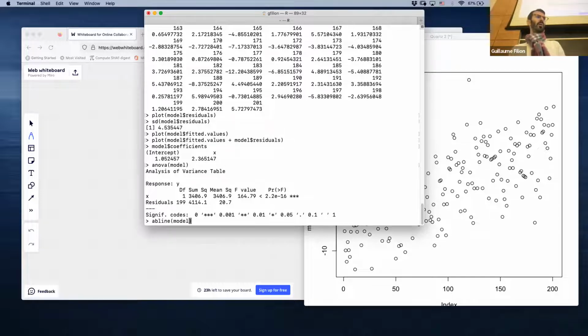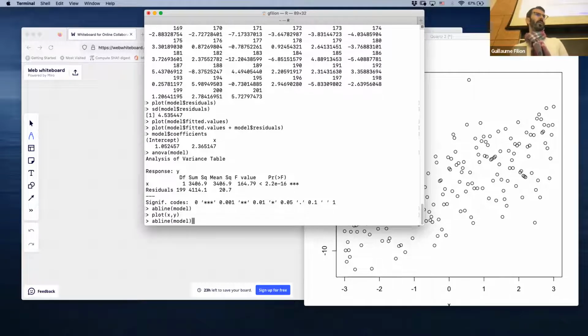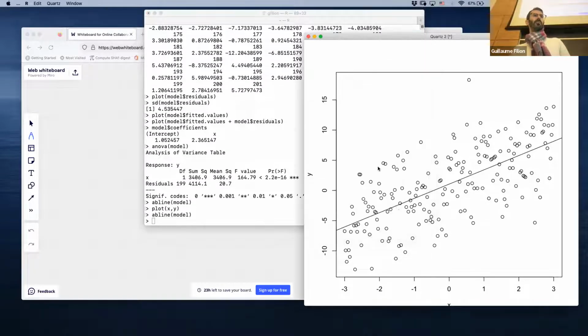So if you just say abline(model), in principle, oh, well, that's fantastic. So let's plot again X and Y. Okay, and so if I just say abline(model), then that already gives me the line that is the regression line.